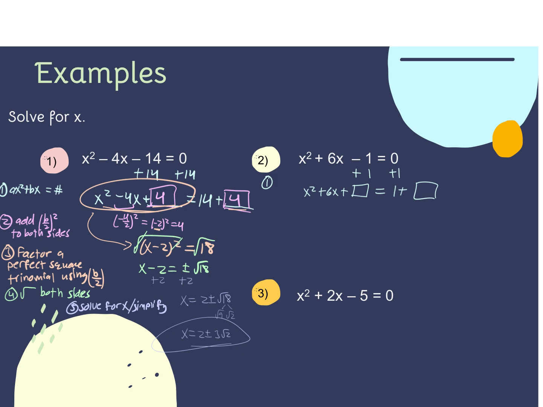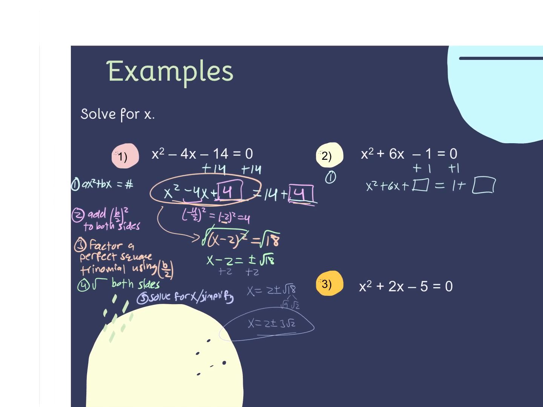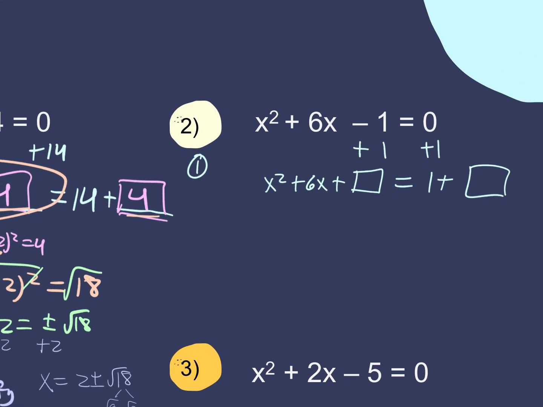All right. What was the next thing we wanted to do? We wanted to add b over 2 squared to both sides. So the second step, let's add b over 2 squared. Our b term here is the 6. So 6 divided by 2 is going to get you 3, and 3 squared is 9, so we want to add 9 to both sides.